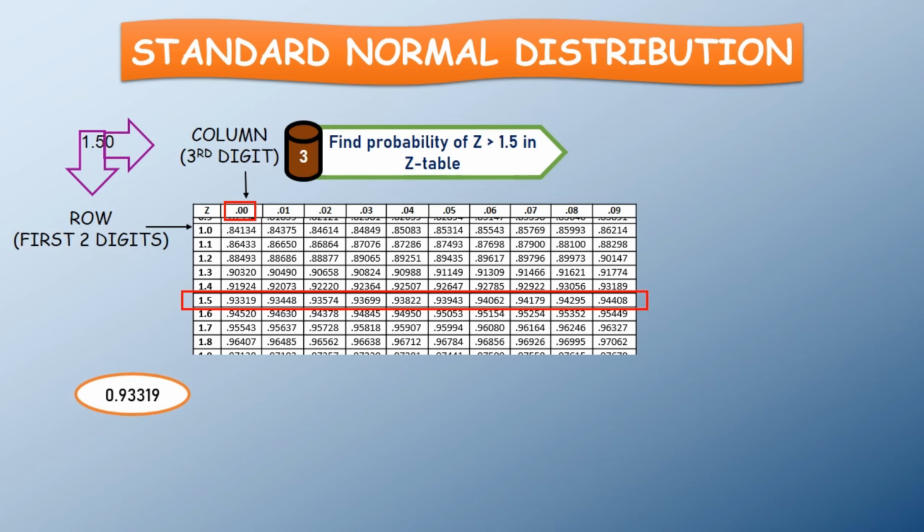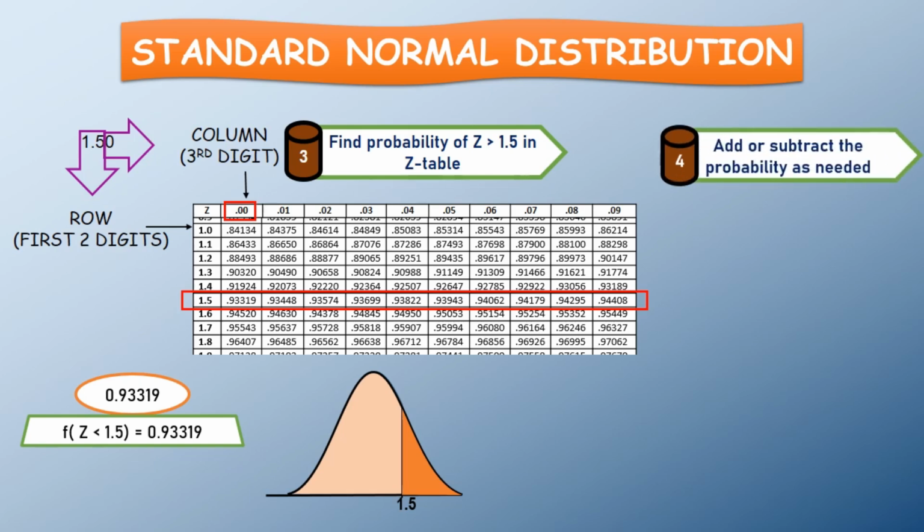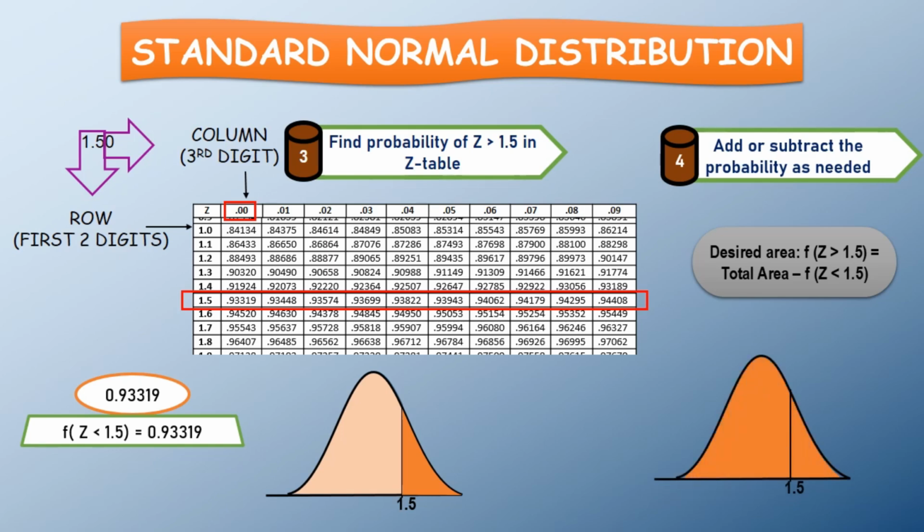But the value represents the area below 1.5, whereas in step 2, we saw that we want an area above 1.5. So this time we will go to step 4. Now we need to add or subtract. Here, in case we want the area greater than 1.5, we have to subtract the area below 1.5, which we got from the z-table, from the total area under the curve.